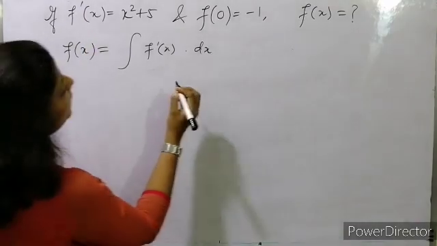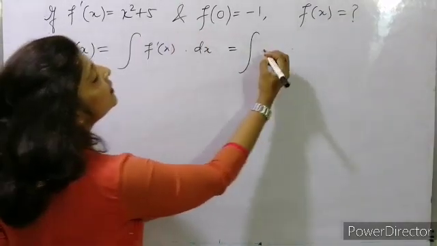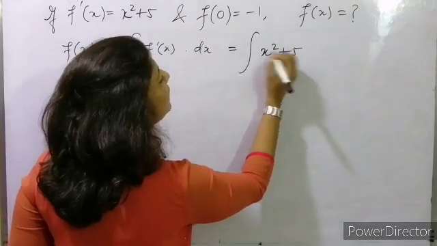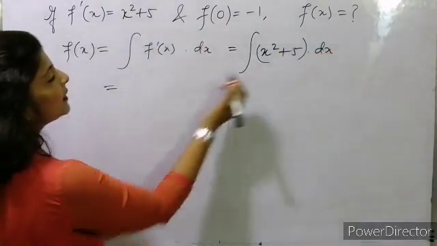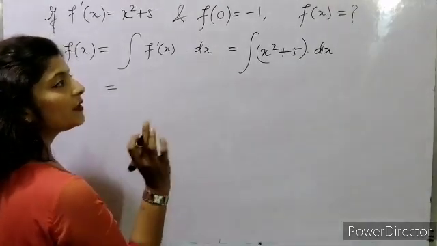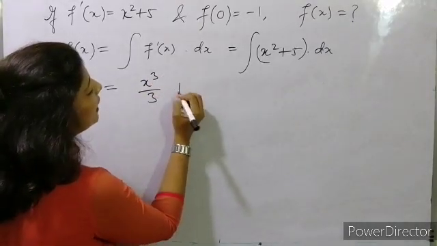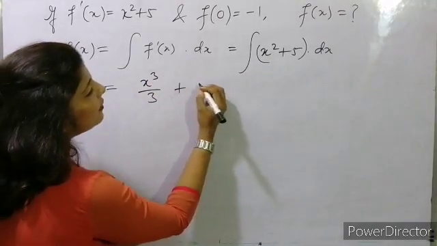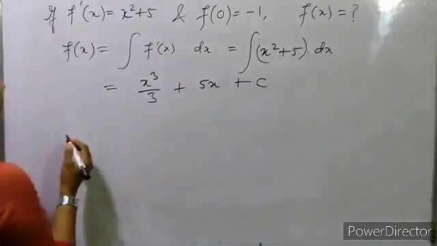So the integration of f dash x, that is x square plus 5, with respect to x: the integral of x square gives x cube divided by 3, and for 5 we get 5x, and plus c, which we should write every time.